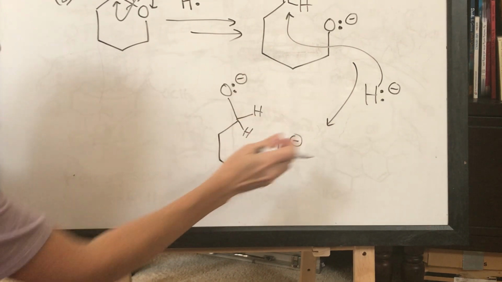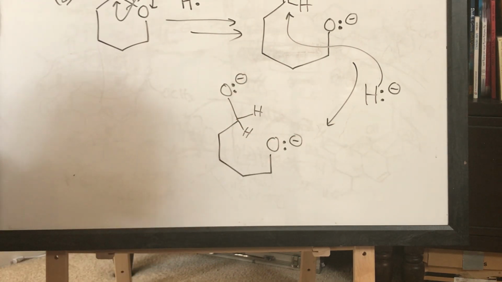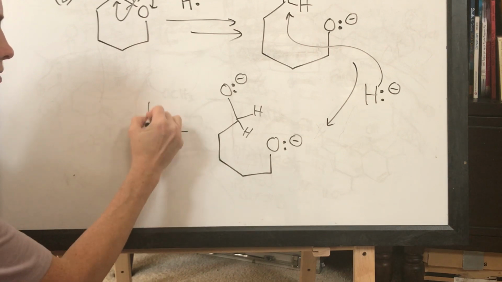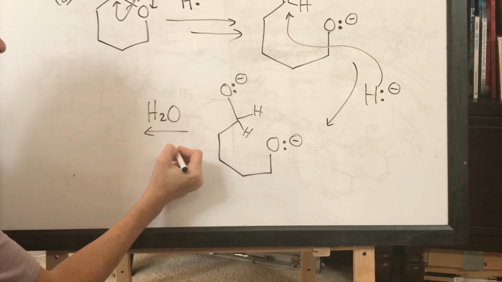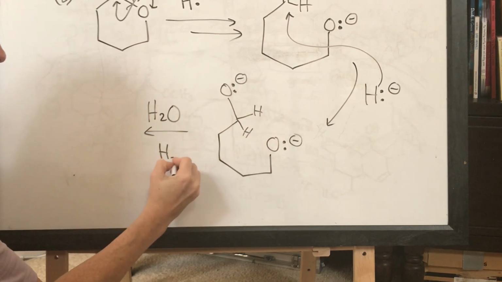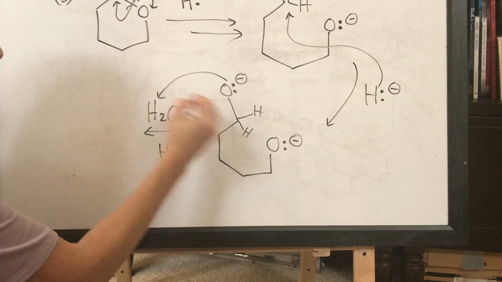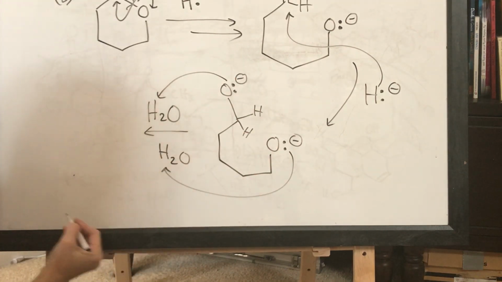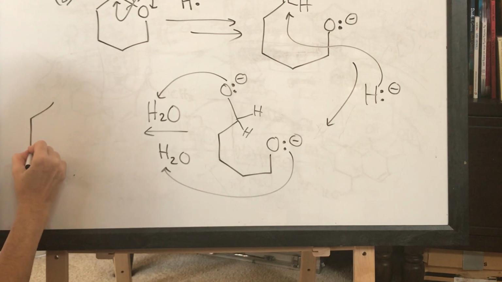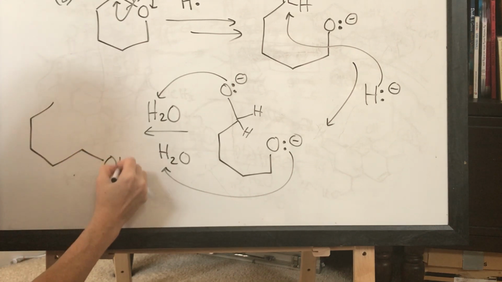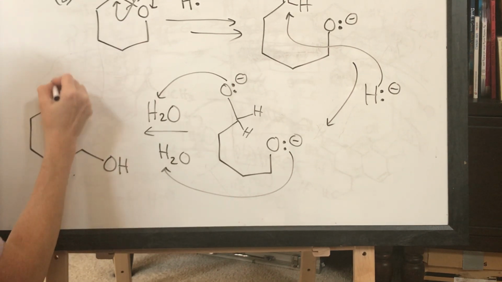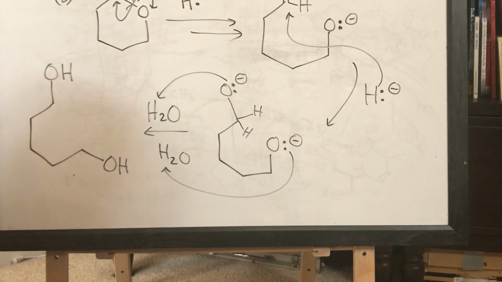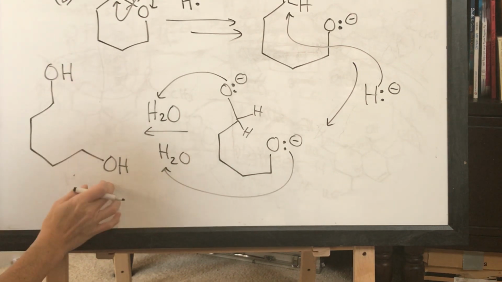It's got some counter ions here and here, but it's not going to react any further until the water is added. And as soon as the water is added, I guess we'll need 2 molecules here. This guy's going to get protonated, this alcohol is going to get protonated, and at the end of the reaction, we've got a molecule that has 2 OHs on it.